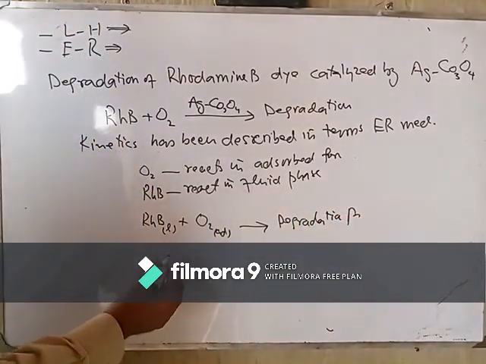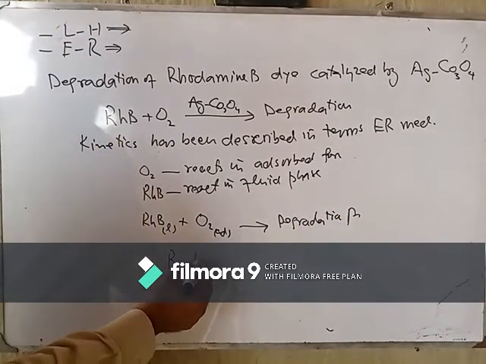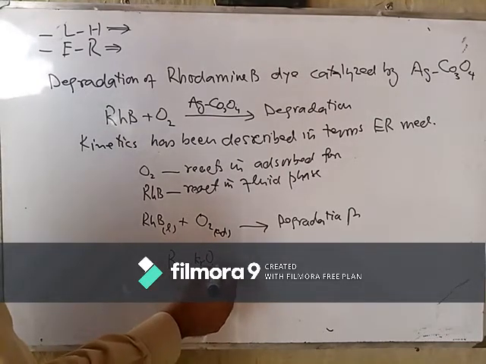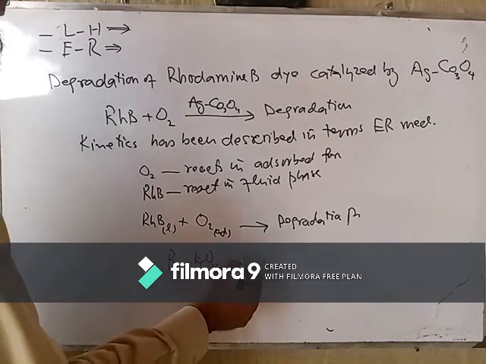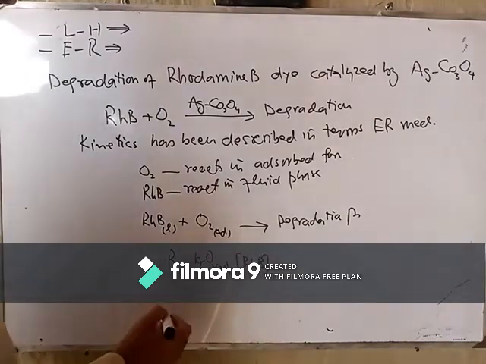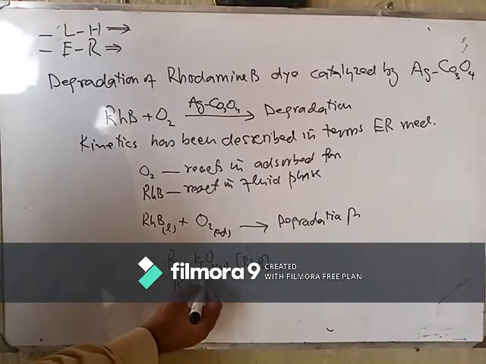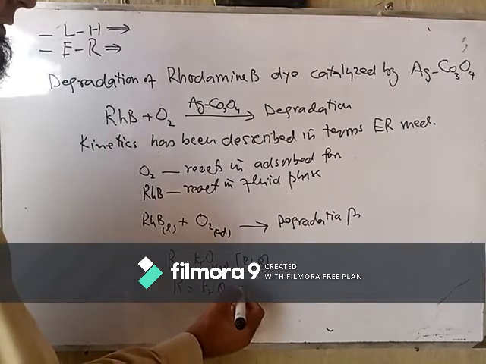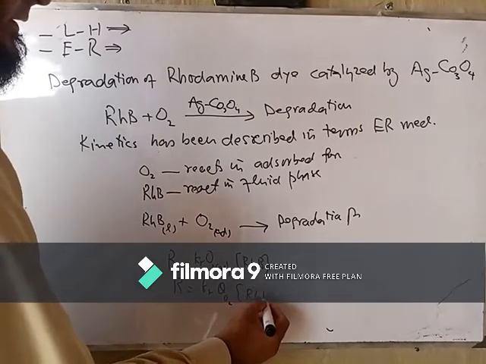So the rate of reaction r is equal to Kr, theta O2, the adsorbed oxygen, and the concentration of RhB.